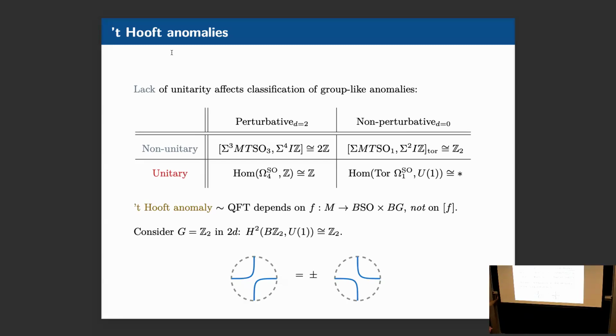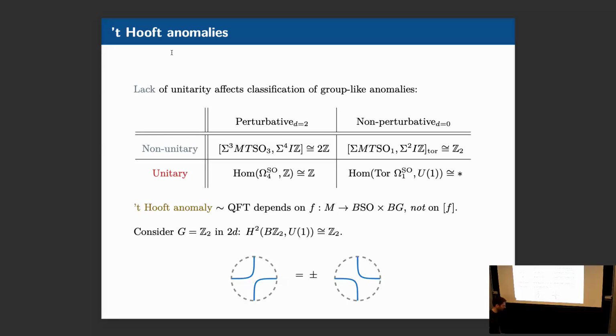Well, we know that their classifications can vary between the case where we have a unitary theory and the case where the theory is not unitary. In particular, let me say that the classification is different both in the perturbative and in the non-perturbative case. So this already suggests again that taking unitarity into account, even in this kind of topic, is something that is quite important to consider. Okay.